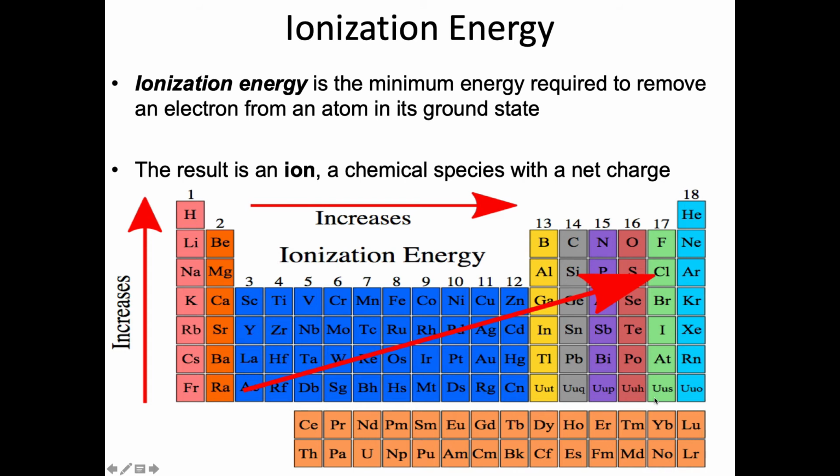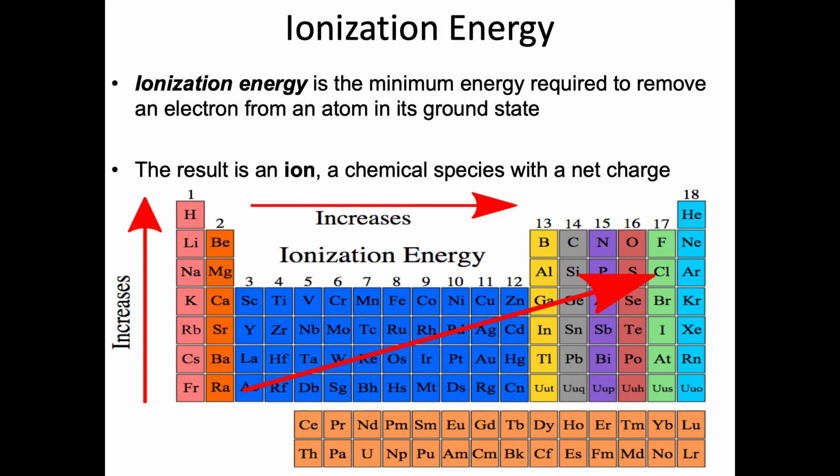However, think about fluorine or chlorine. They only need to gain one more valence electron to become just like a noble gas. So since they only need to gain one more valence electron, they sure don't want to lose one. That's going to stop all the progress that they've made.